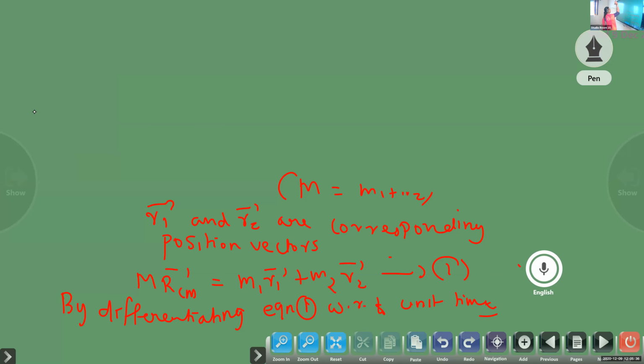Apply the differentiation. d by dt of M R_CM is equal to, individually we have to do it, d by dt of M1 R1 plus M2 R2.